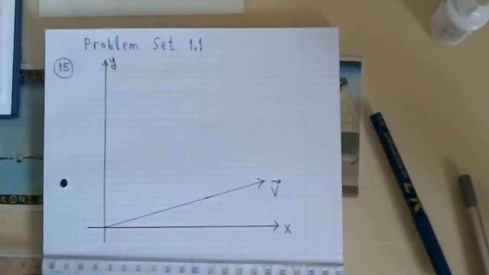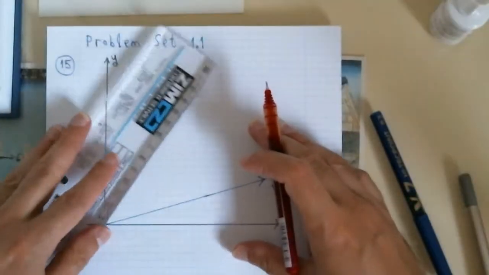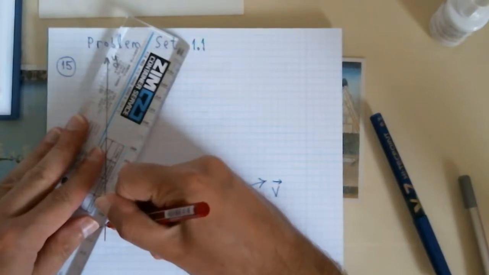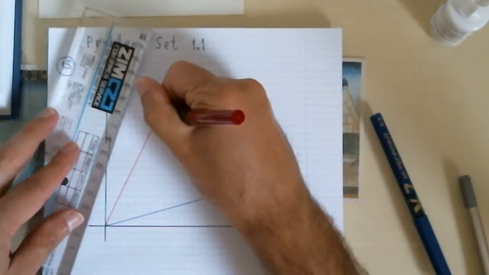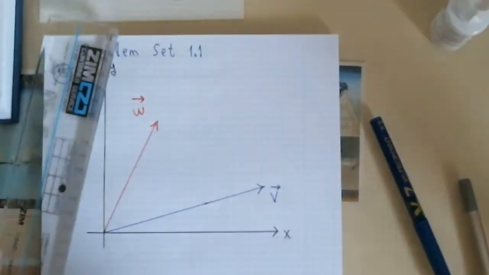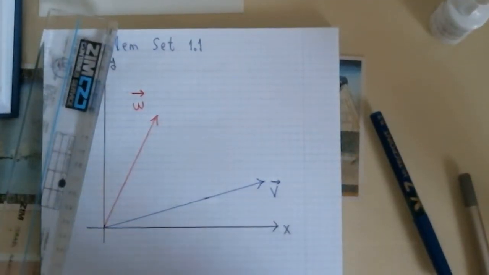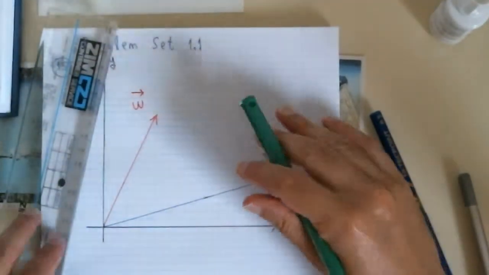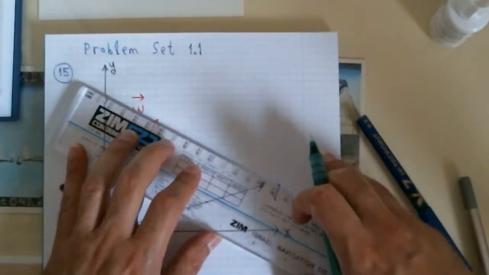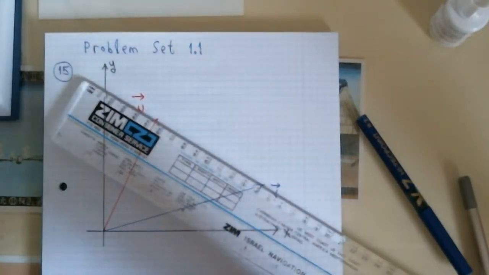This is V, and we have some W. This is W. And we have the line between them. Okay, let's make it in green. Or maybe purple is more appropriate.